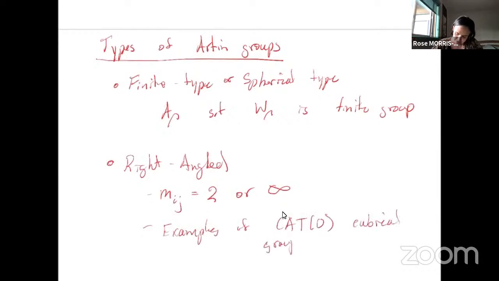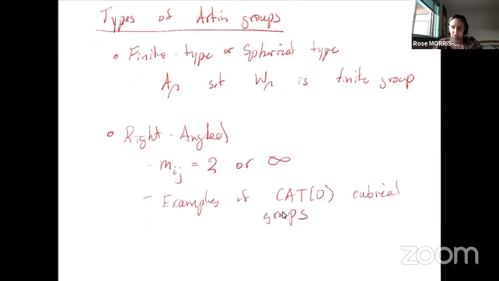So you guys had a lesson about CAT(0) geometry earlier. So these are an example of groups that act geometrically on a CAT(0) cube complex. So everything that we love about CAT(0) cube complexes you get about these groups, and as a result they're very well studied.